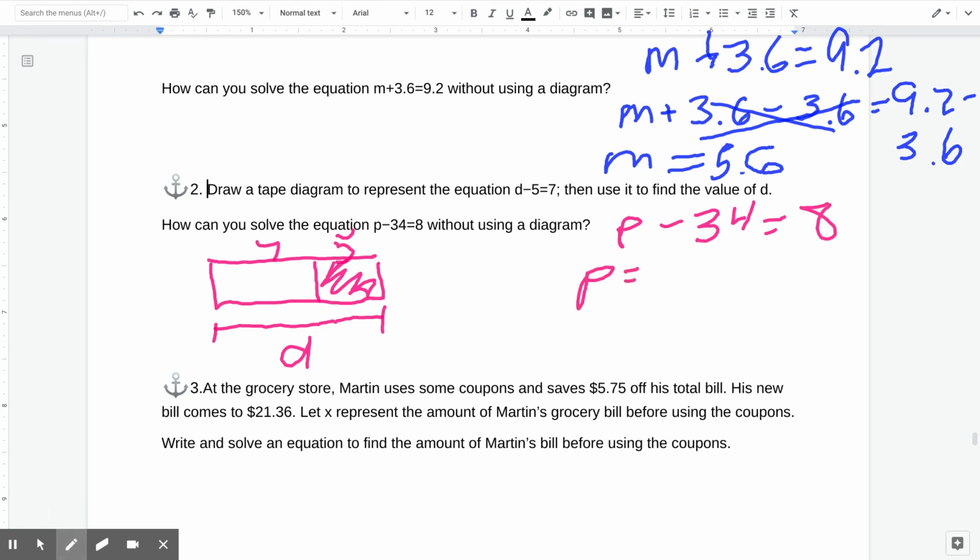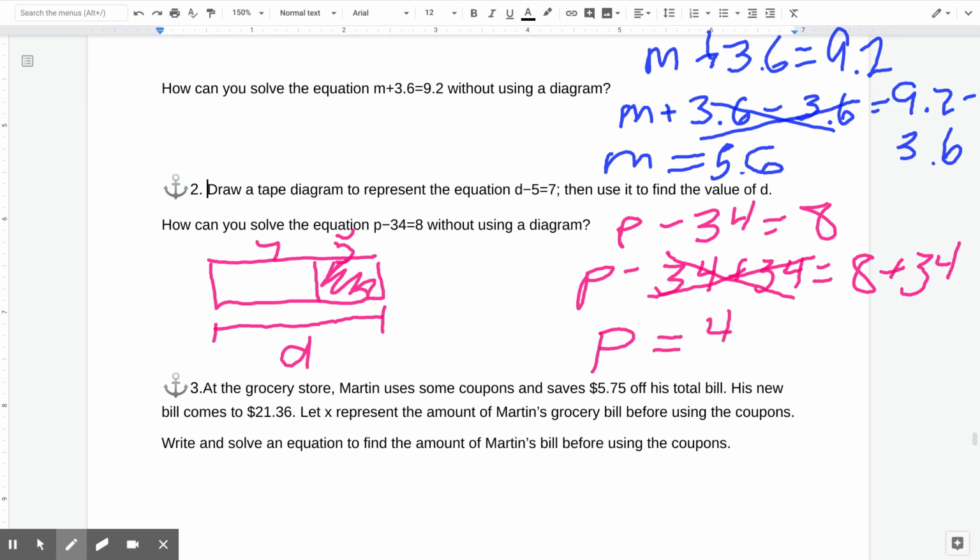So I end up with P minus 34 plus 34 equals 8 plus 34. So that ends up getting rid of the minus 34 plus 34. That gives me just P equals 42. Should have circled this one up here too.